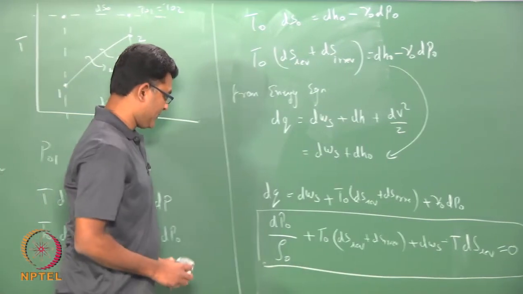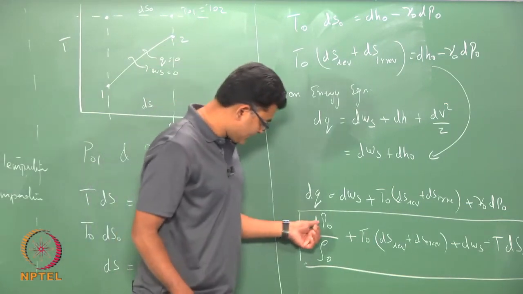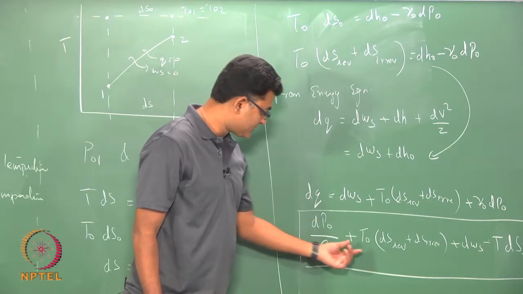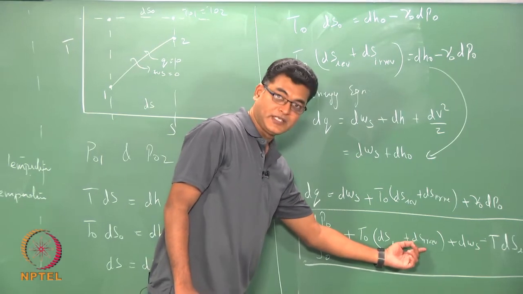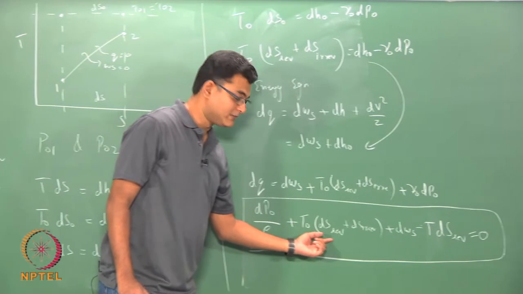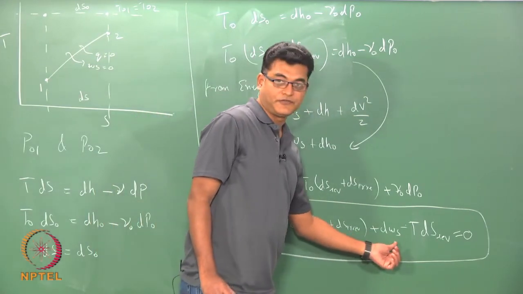Now let's look at this equation. So your change in stagnation pressure depends on the irreversibility, the losses, the heat supplied, which is your ds reversible, and your shaft work.